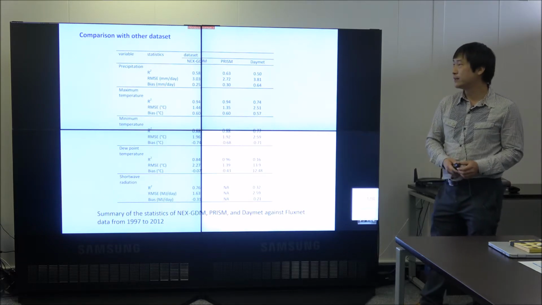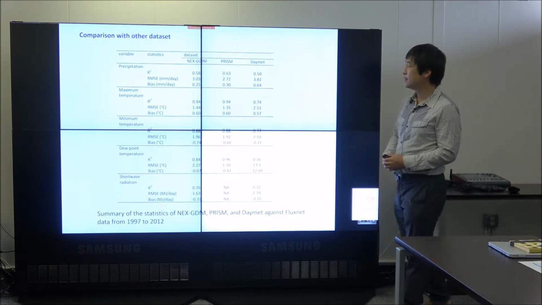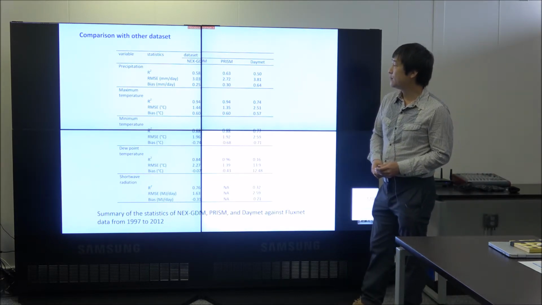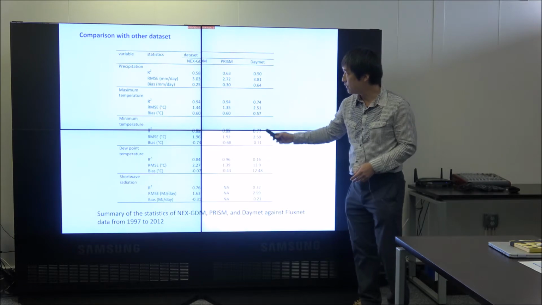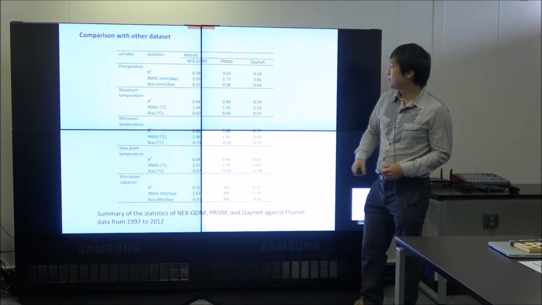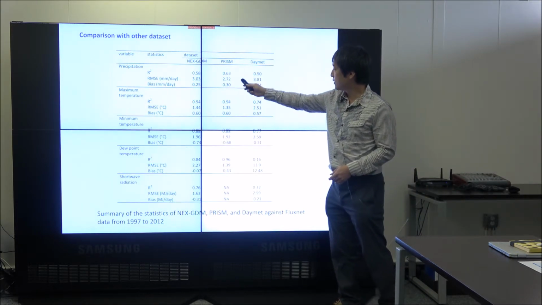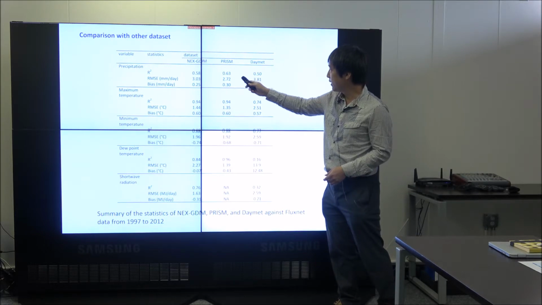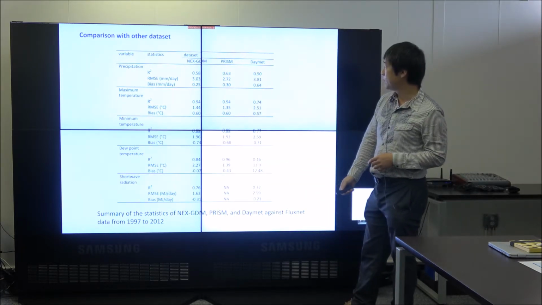So AmeriFlux data can be used for validation. Simply, I compare using the statistics of R square, RMSE, and bias for each variable. NEX-GDM is doing well, with similar values compared with PRISM data. A little bit better in PRISM data, yeah.